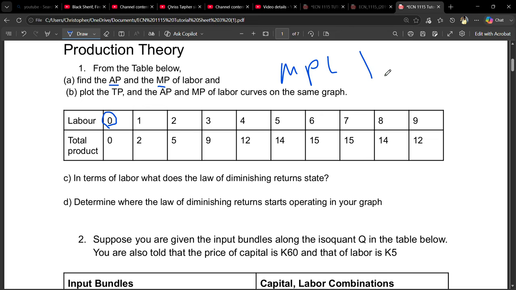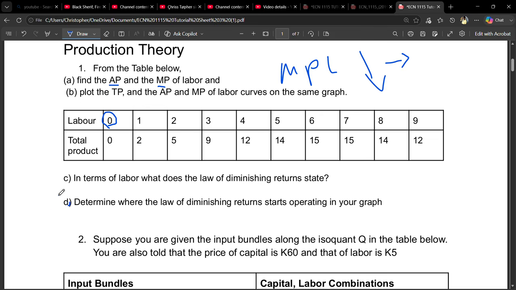It will start going down. Everything else is held constant, so we're just adding labor to fixed capital, while considering the technology that is being used at that specific time. So that is how you state that.